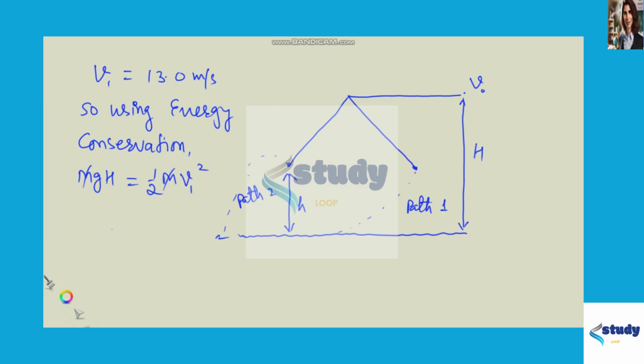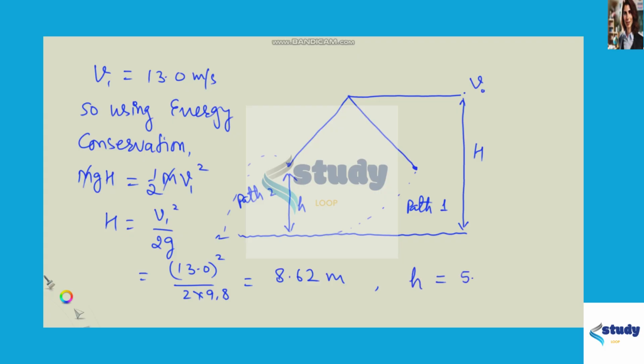Cancelling this m, height h will be given by v1 square by 2g. So for v1, this is square of 13 divided by 2 times 9.8, and it is calculated to be equal to 8.62 meter.